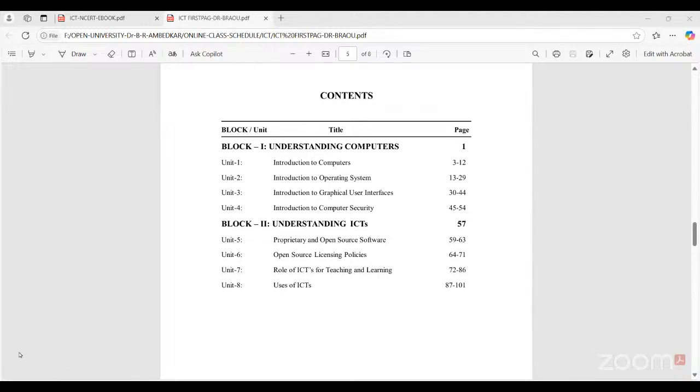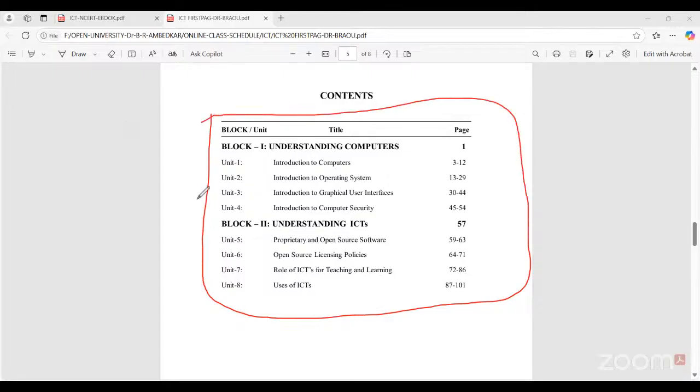So this is your syllabus. The first block contains introduction to computers, operating system, user interface and security. This is the first block, that is 4 units.